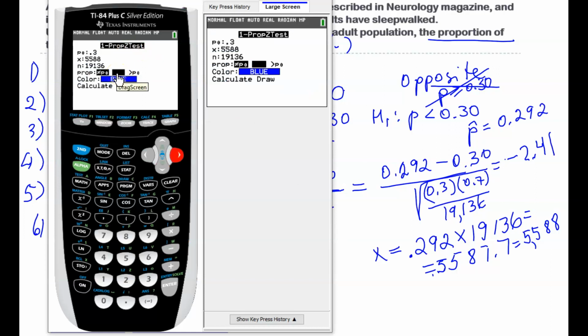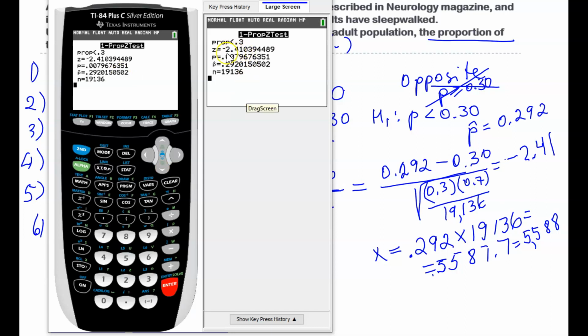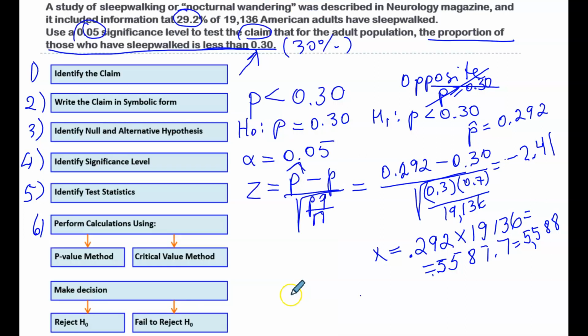Therefore, choose the sign less than, then go down to calculate, click calculate. On the screen you can see the z-statistic -2.41 and the p-value. Let's write it down. P is equal to 0.007967. We rounded to 3 decimal places.